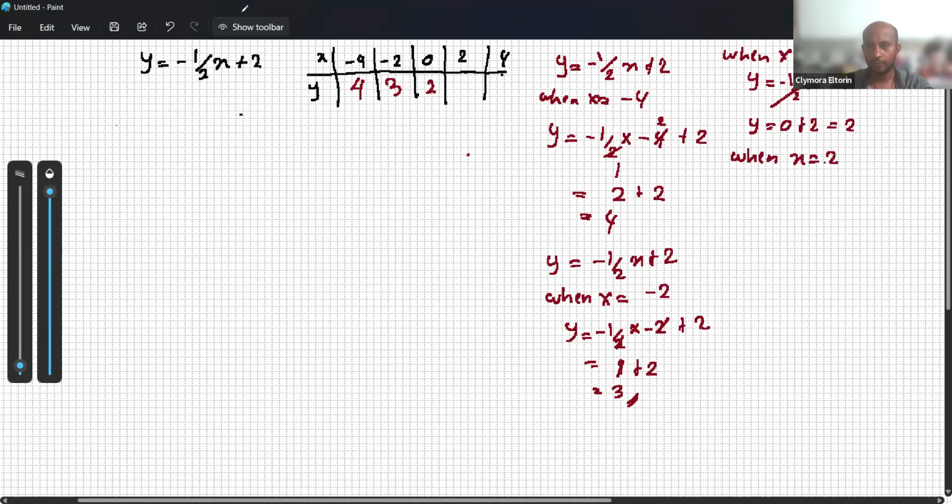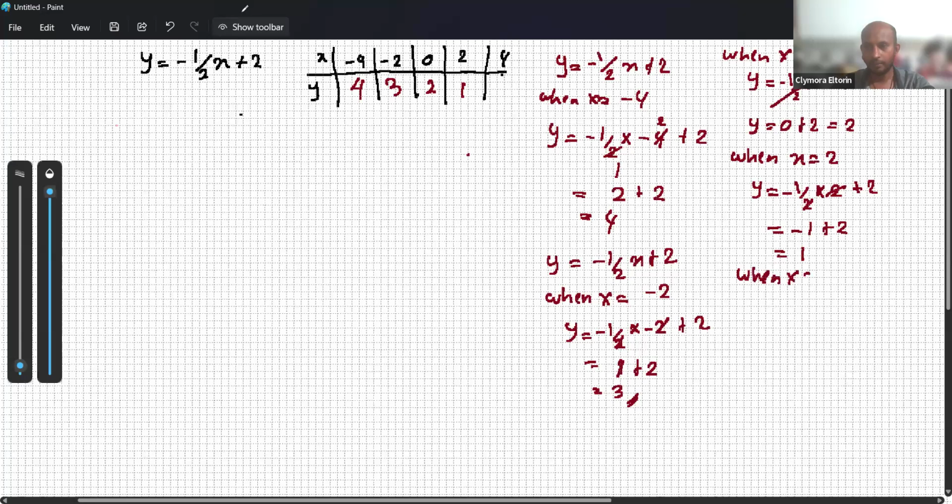Next one. When x becomes 2, let's see. Minus half into 2 plus 2. The 2s cancel, minus 1 plus 2 means it's plus 1. Next part.